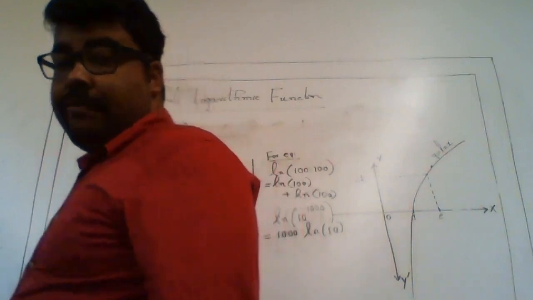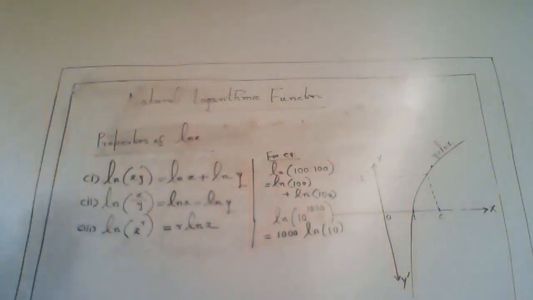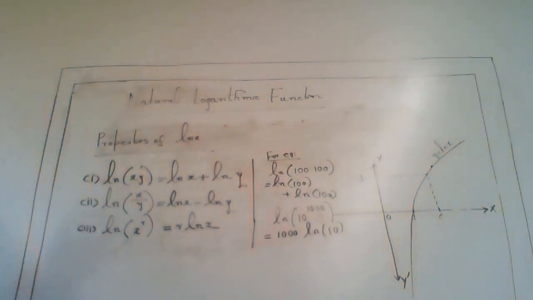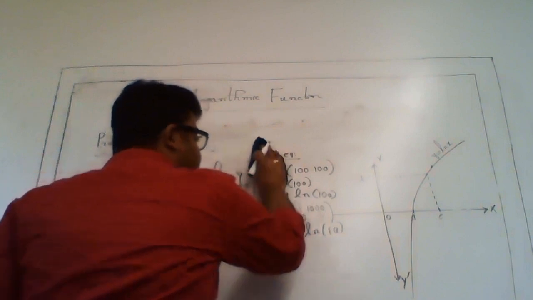Now let's try to find the value of the derivative of ln x. To find the derivative of ln x, just recall the definition of ln x. How did we define ln x?